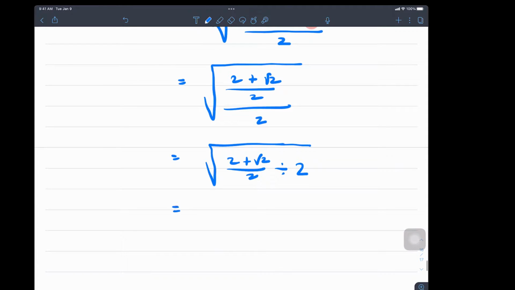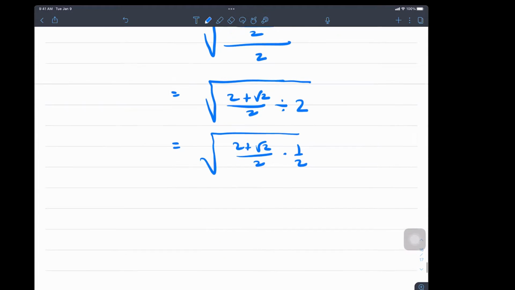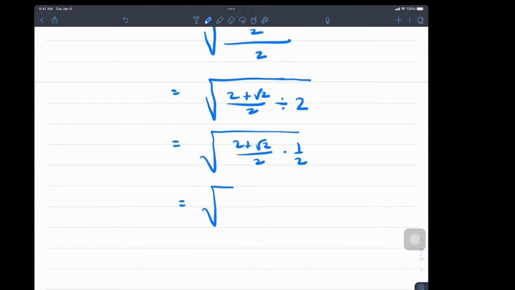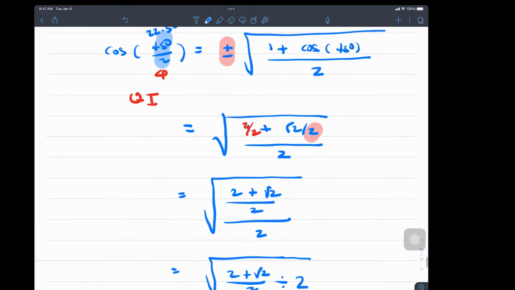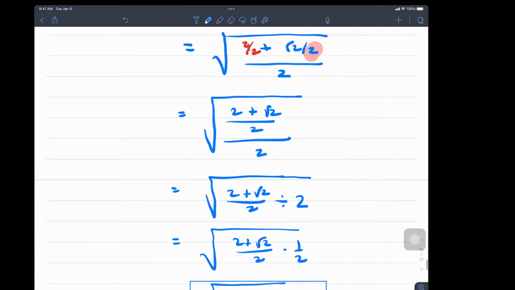And then that'll be times 1/2, which is 1/4. So, ladies and gentlemen, there you go. You have what's called a nested square root, a square root within a square root. So this is going to be the arithmetic or the algebra for that half angle.